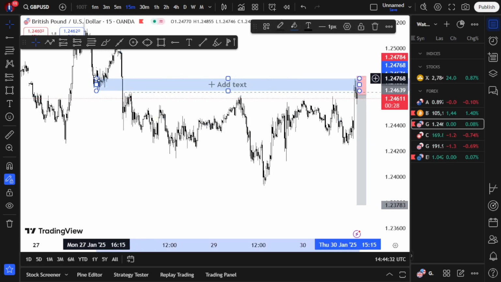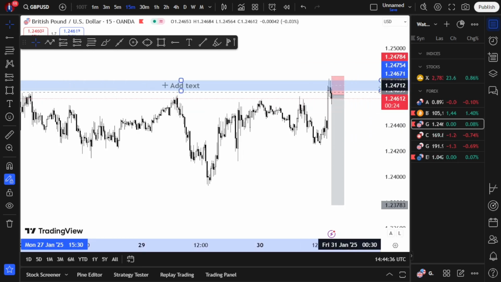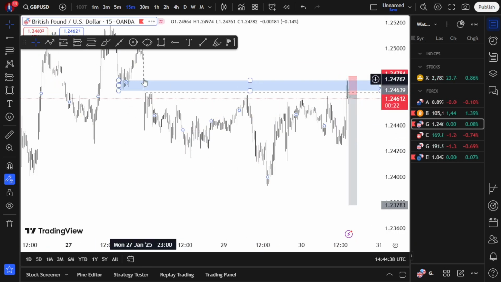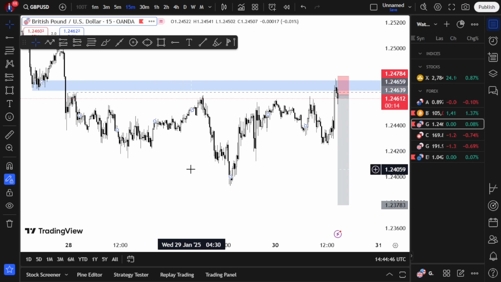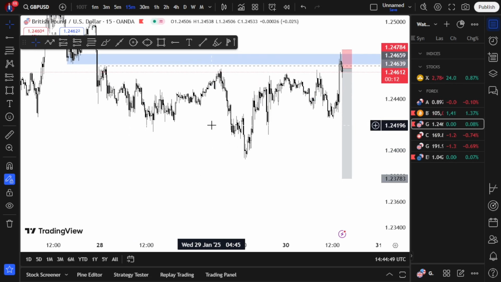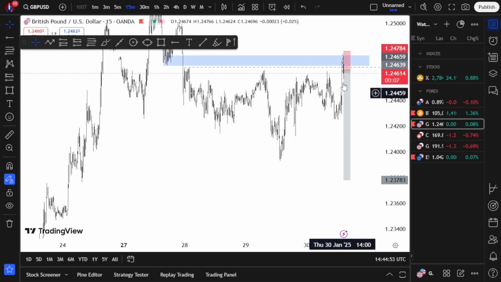The market just dived into that area, and if you check, we have a fair value gap within this area that the market hasn't traded into. Right now the market just traded into a fair value gap, and I'm going to set my stop loss and take profit.